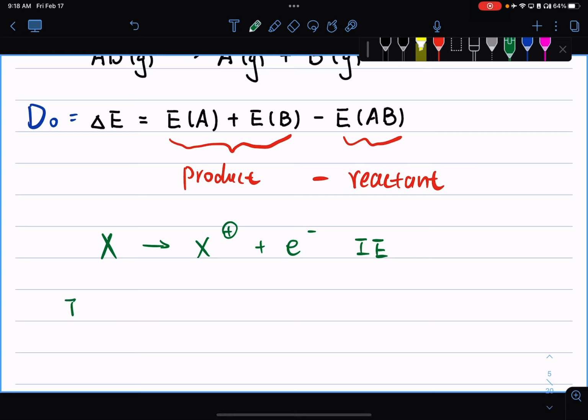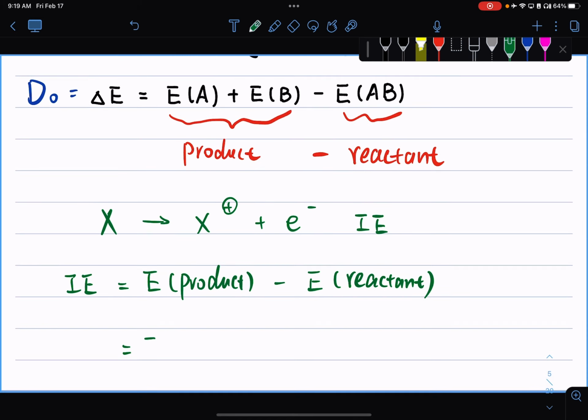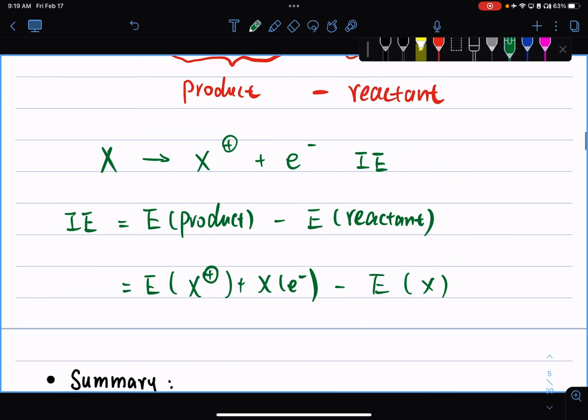What we're writing is ionization energy equals the energy of the product minus the energy of the reactant. But in this case, the energy of the product is when these two are infinitely apart: X plus, e minus, minus the energy of X. So in here, these two are infinitely apart.